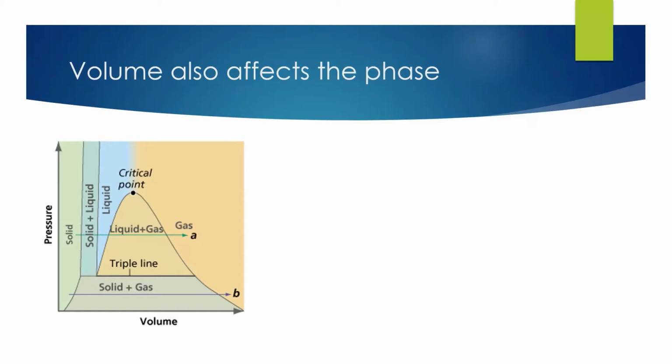The volume of that is going to be pretty low. Now, as I increase the volume, I can keep the pressure and temperature the same, so I'm still at the triple point, but I can convert that solid and liquid into mostly gas. And so mostly gas will have a much higher volume than mostly solid and liquid.